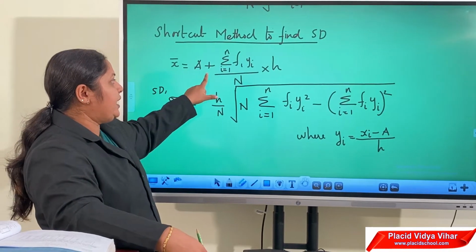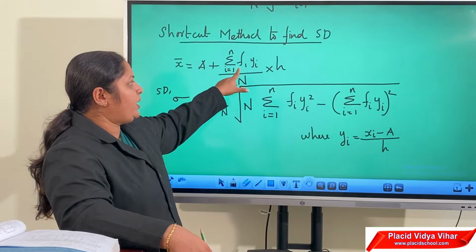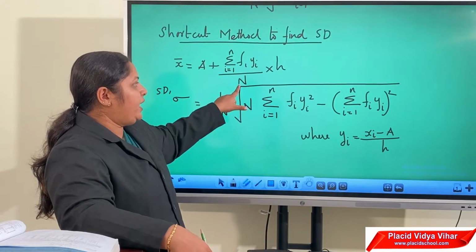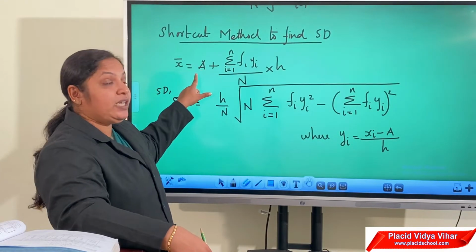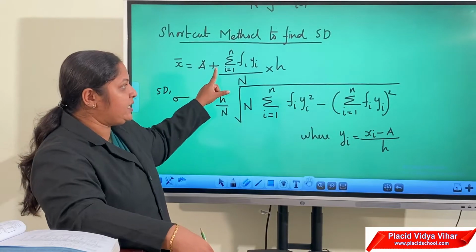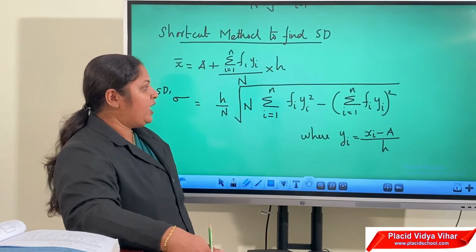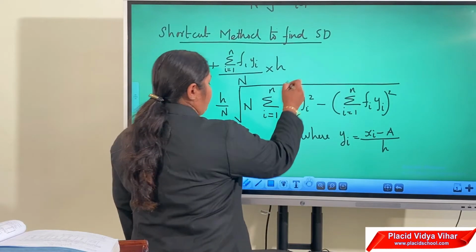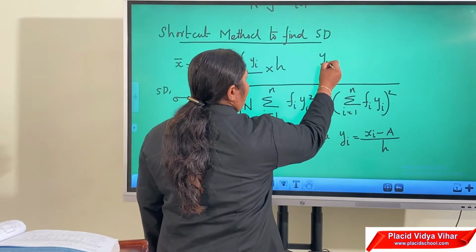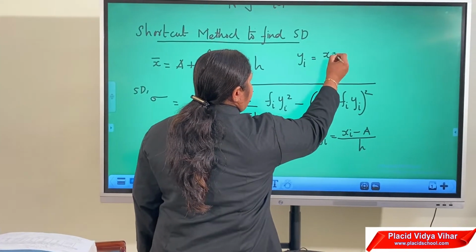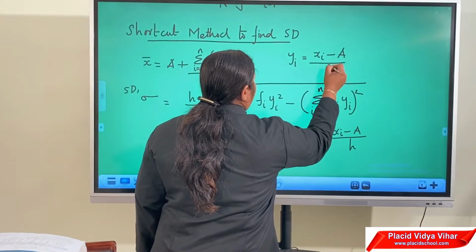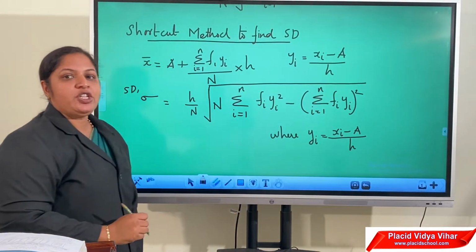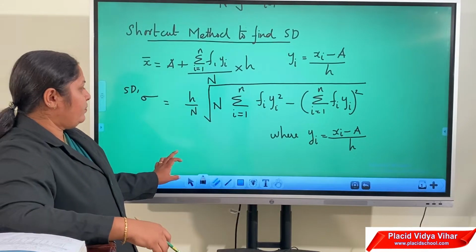that is capital A plus the sum of i from 1 to n, fi yi by n into h, where capital A is the assumed mean of the data set, h is the interval width, and yi is given as xi minus the assumed mean divided by h, where h is the interval width.